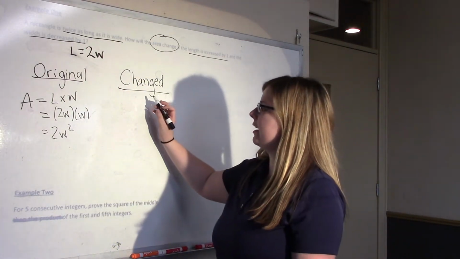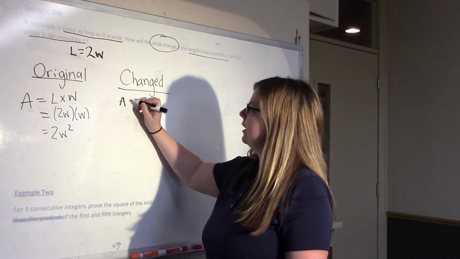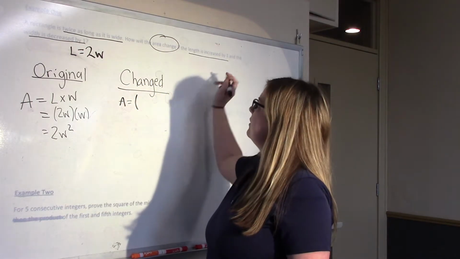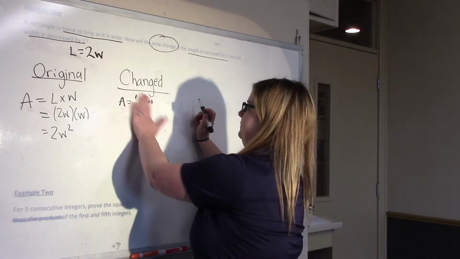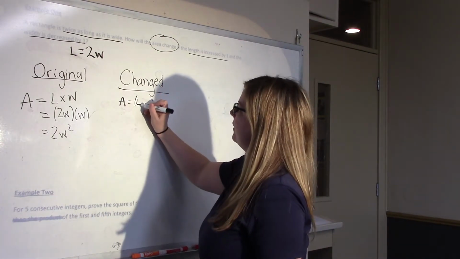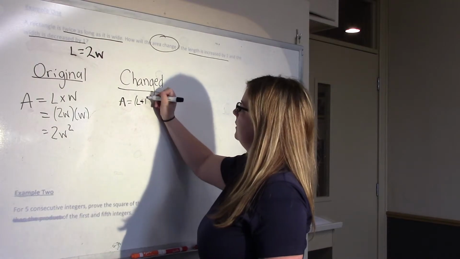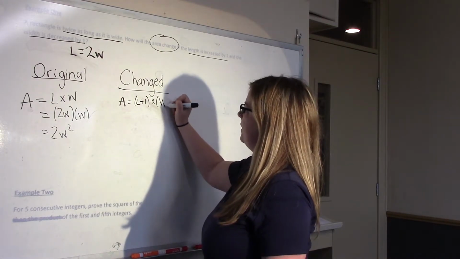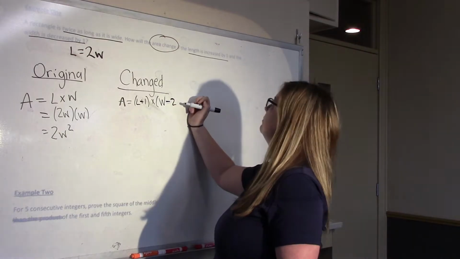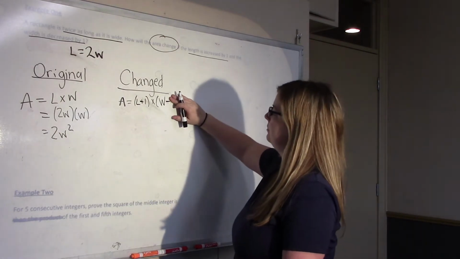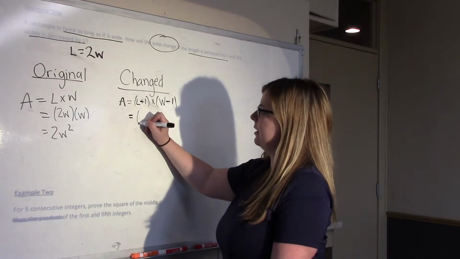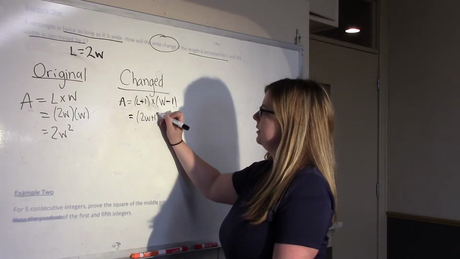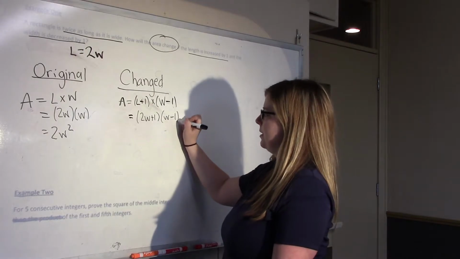Our changed triangle: now the length is increased by 1 and the width is decreased by 1. So length is 2w plus 1, and then we have w minus 1.